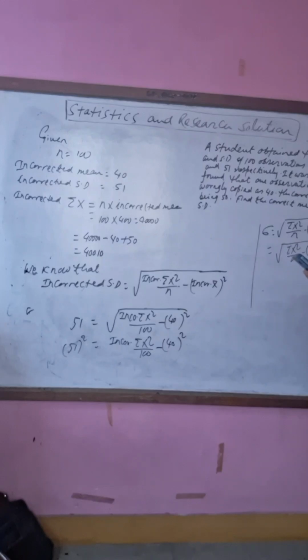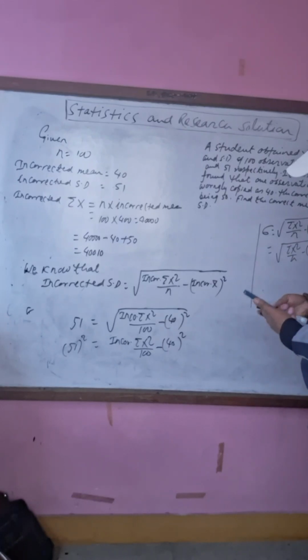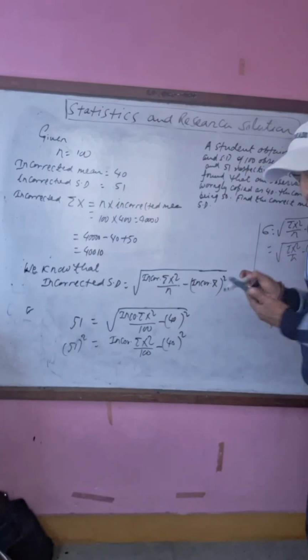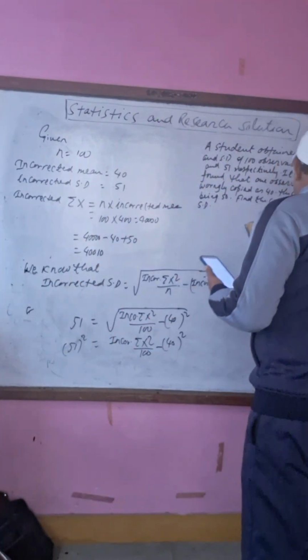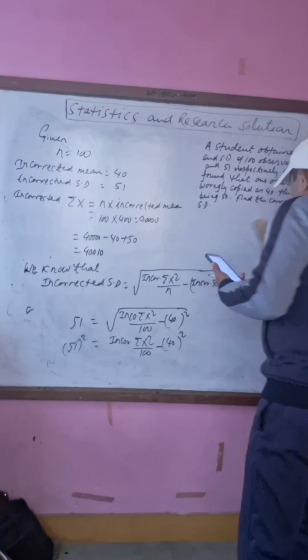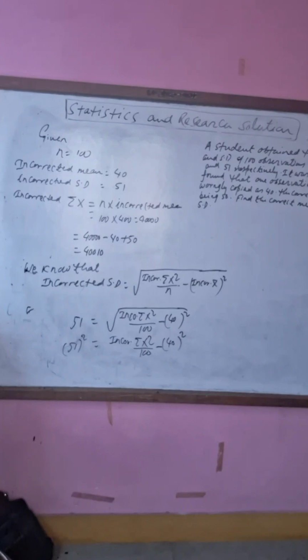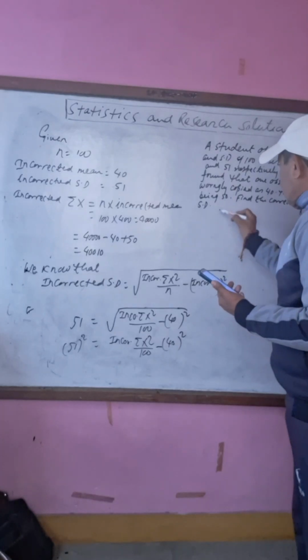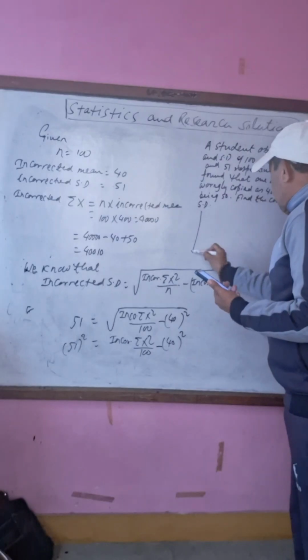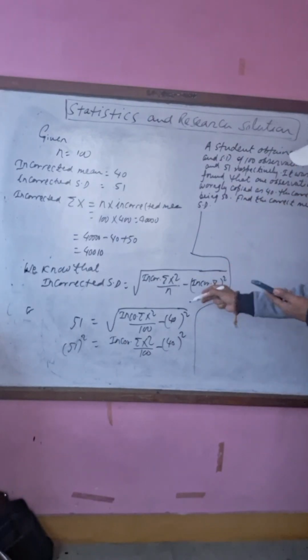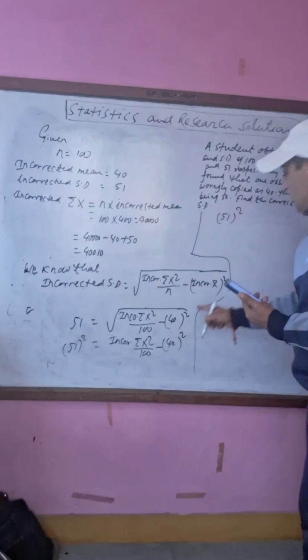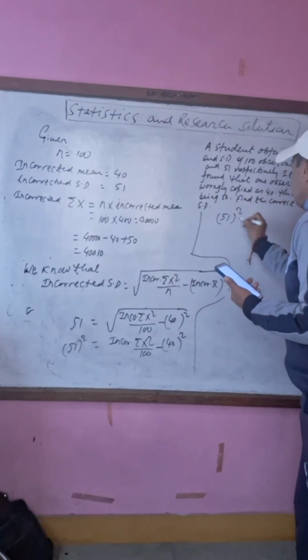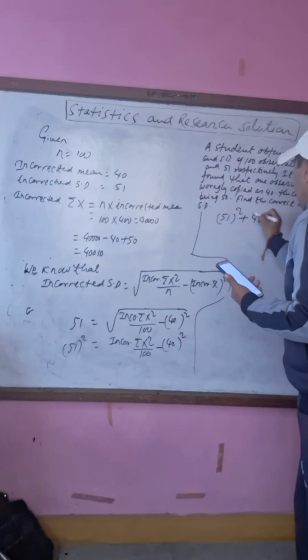Now this one you transfer to this side. 51 whole square. After that, this 40 whole square we transfer and that becomes positive 40 square.